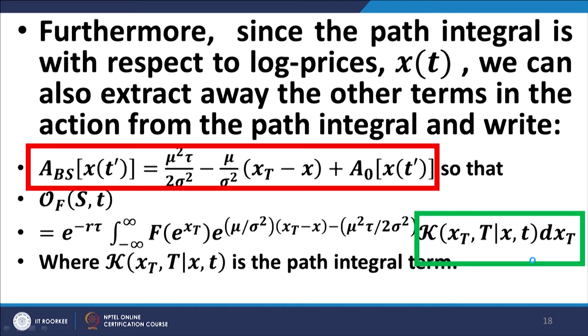And similarly, we can take f(e^{x_T}) also into the prefactor, and we can write the path integral as a separate quantity, K(x,t; X,T) dx_T, where the term in the green box here constitutes the path integral component. So, this is the path integral component, and all the rest of it is not related to the paths x_t, and therefore they have nothing to do with the path integral, and can be taken as a prefactor.